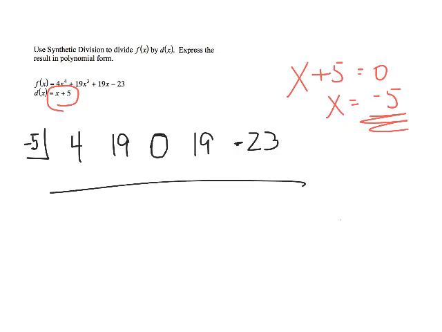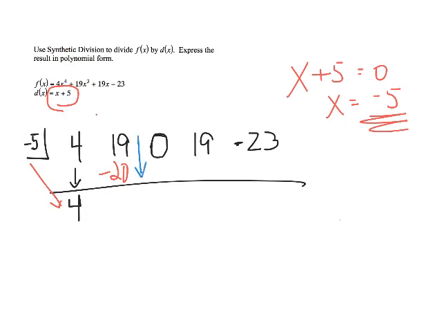Okay, every time you do synthetic division, whatever number happens to be first comes straight down. This happens to be a 4 this time. Please remember that when you are doing this synthetic division, you multiply diagonally. So you take the negative 5 times the 4, you get a negative 20. And then vertically down your columns, you are going to add.